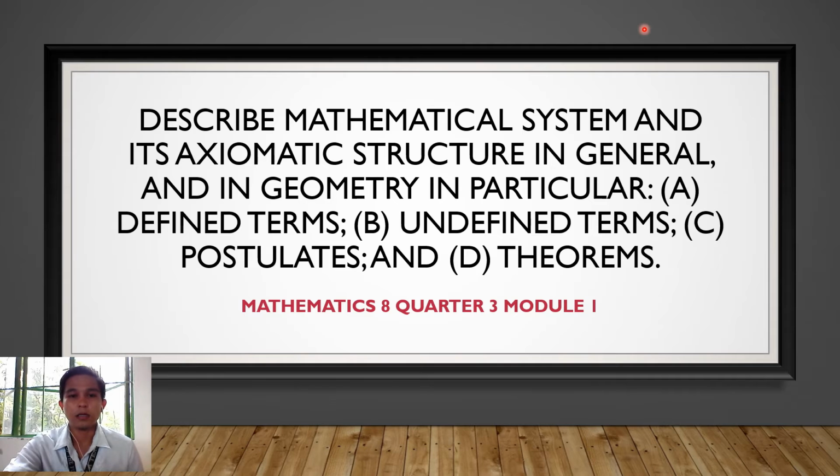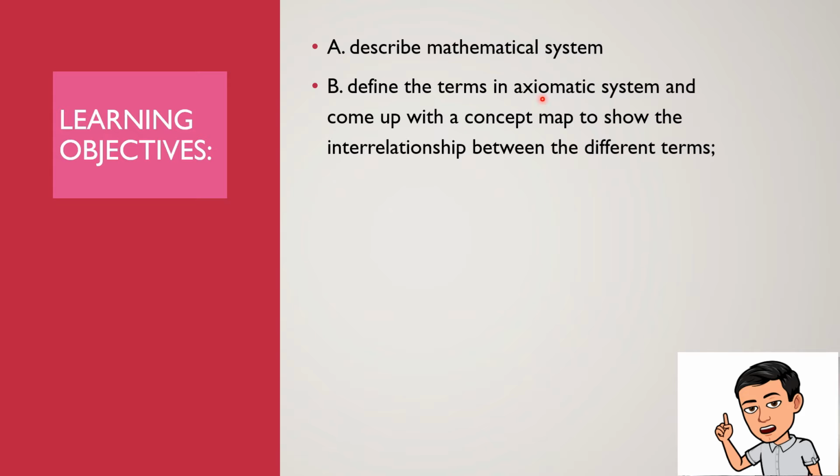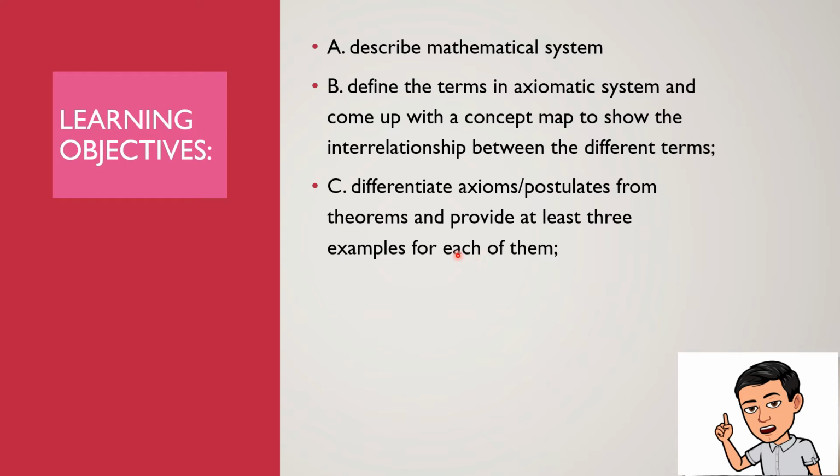So in this lesson you are able to first describe a mathematical system related to geometry, and then define the terms in an axiomatic system and come up with a concept map to show the interrelationship between the different terms. Then differentiate axioms and postulates from theorems and provide at least 3 examples for each of them.